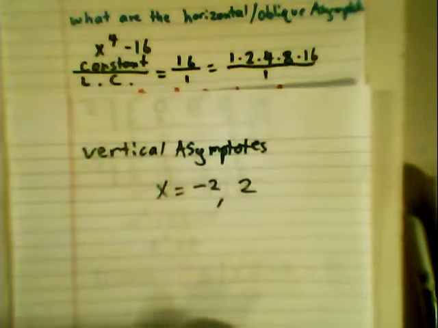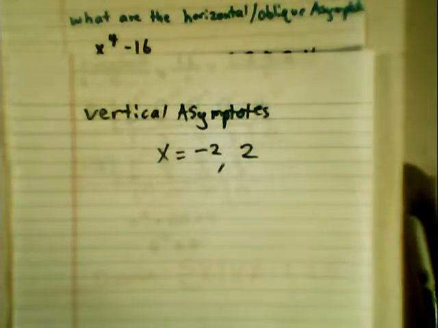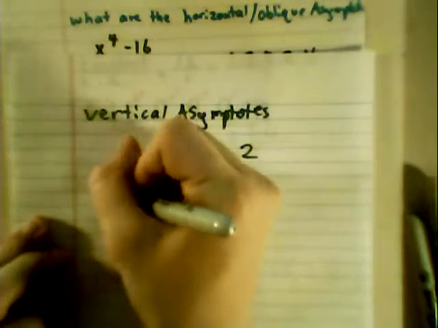Okay, so now let's move on to horizontal or oblique asymptotes. Now, if you remember BOBO BOTN EATS DC, we can apply that to figure out which asymptotes we have.